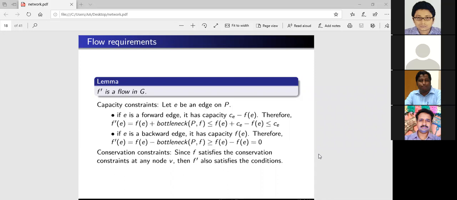One is that at all intermediate nodes conservation of flow is preserved, which is total incoming is equal to total outgoing. In the source node there is nothing incoming, and in the sink node there is nothing outgoing. It's easy to check that these conditions are valid. And the capacity is never exceeded. So this is the valid flow.